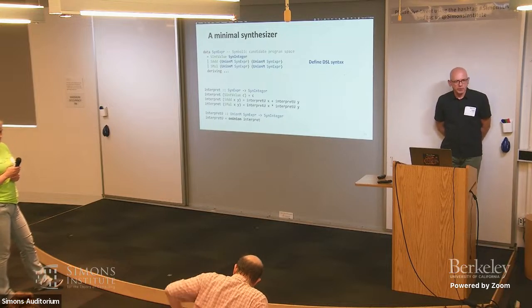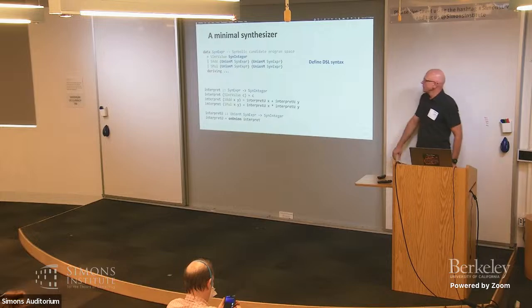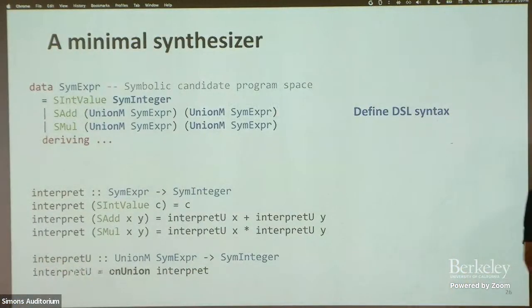You could run into inefficiencies, but what we try to do here is give people recipes so that they just start with something like this, where you have a grammar, an interpreter, and essentially copy that. As long as you follow the recipe, that's the hope.